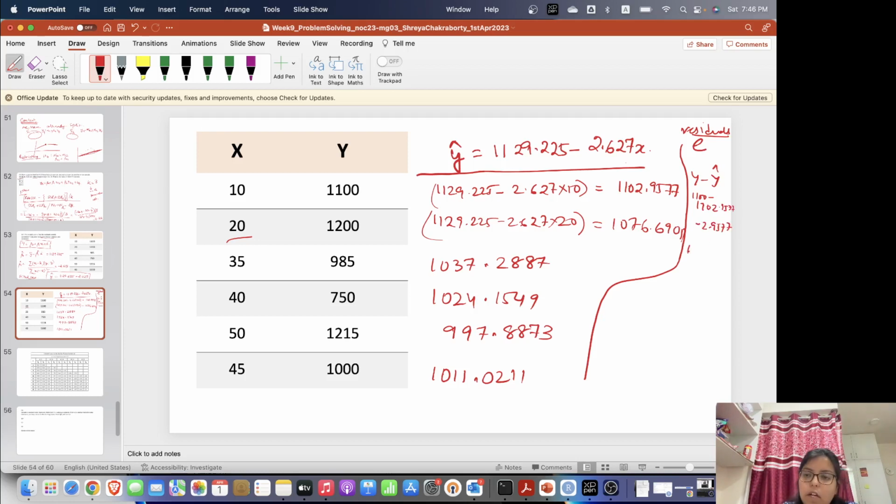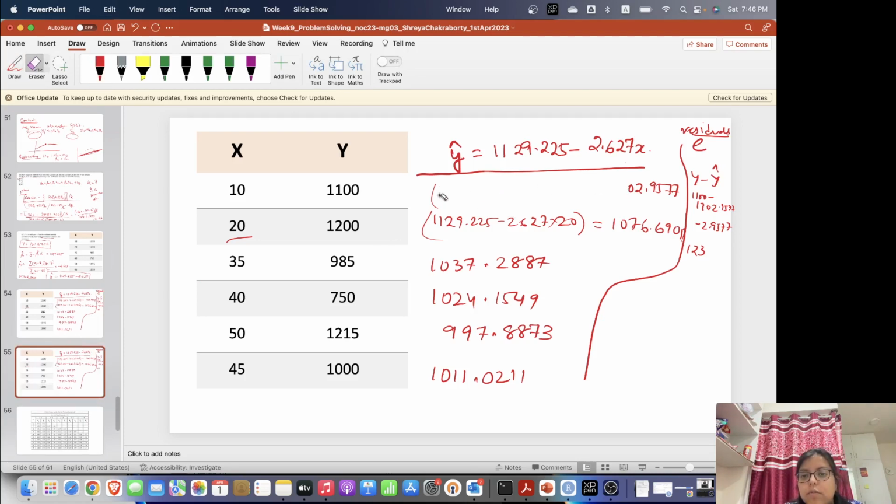Then we would have 123. So if I write it afresh, I'm going to copy it. Here I'm going to write it afresh, these two.